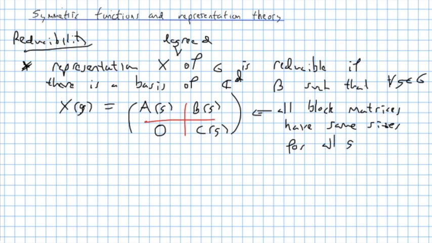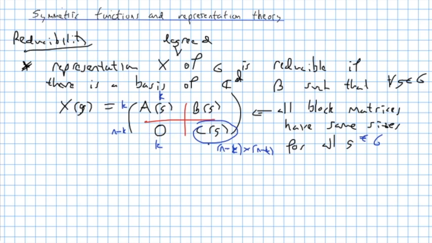By size I mean that this A is square, so this is k by k, and this is n minus k by n minus k, and so on. So A and C would be square, but the important thing is that the sizes of the blocks, this k and this n minus k, stay the same throughout all the elements of the group. And this lower block is a zero matrix.